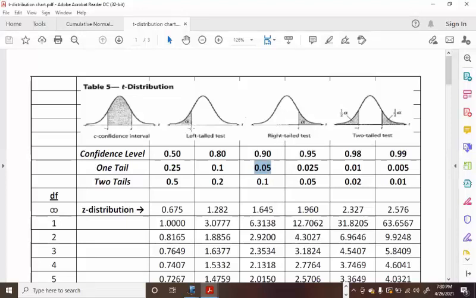Even though it says T, it's going to be the same for Z and T. In the next section for T's, left tail test will be negative, right tail will be positive, and two tail will be plus and minus. Well, there's the 1.645.